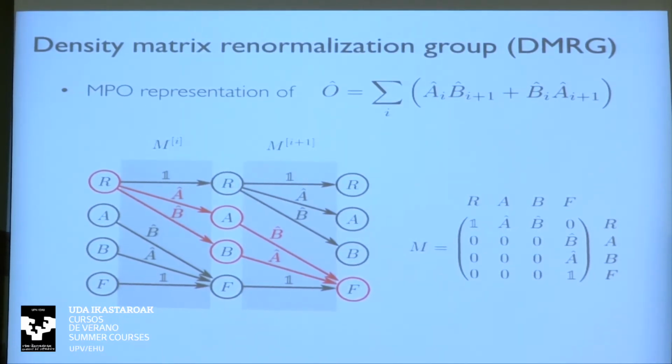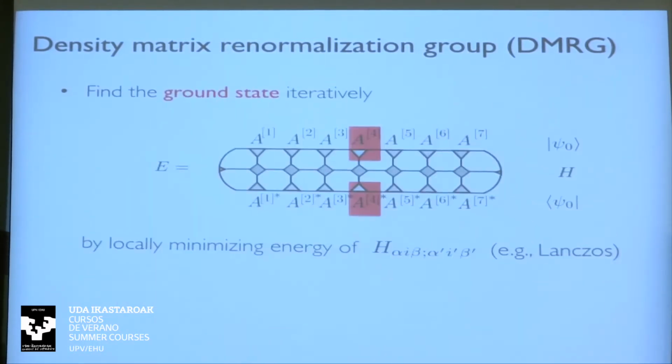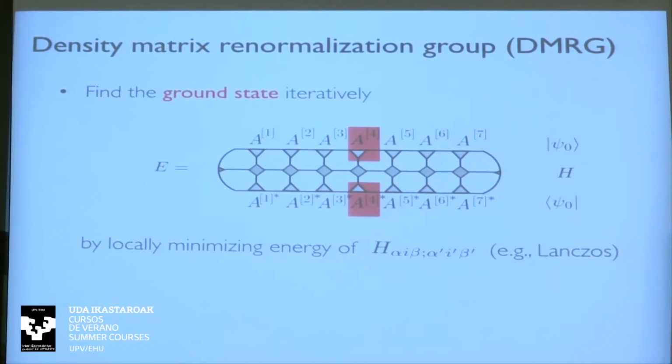And without much explanation, I just state that every finite state machine can be written in this kind of matrix form. And then we have a very compact way to write down many of the Hamiltonians that we might be interested in. So that's good, because now we can write down an algorithm that variationally minimizes the energy. Right?